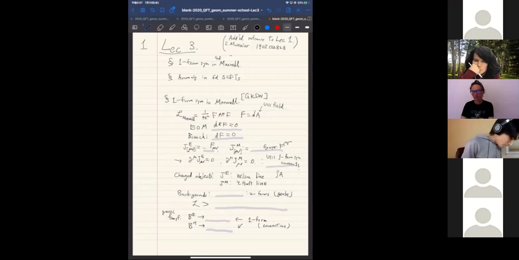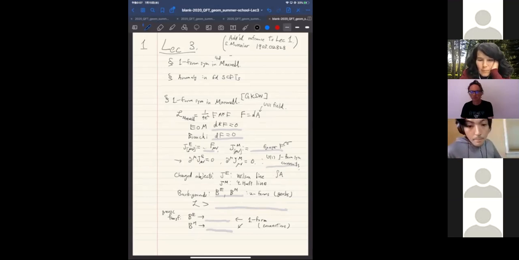You can also think about the backgrounds for those one-form symmetries. The backgrounds are called B_E and B_M. Those are locally two-forms. To be precise, globally they are something called gerbes, but I don't get into the detail. You can couple the system to the background.